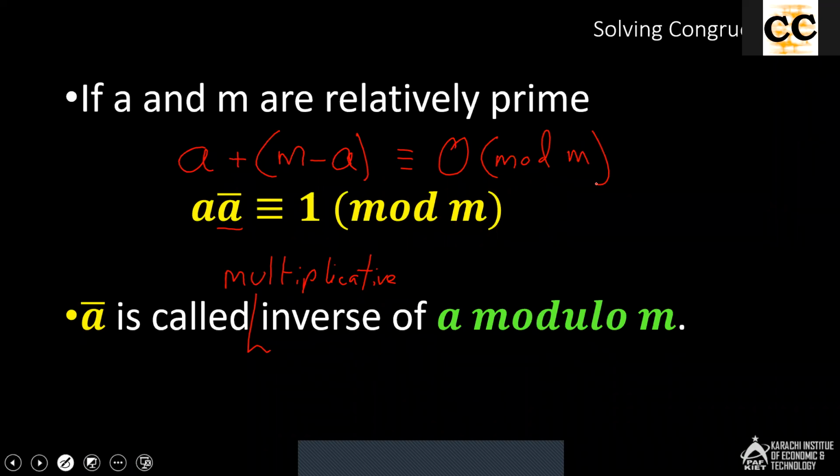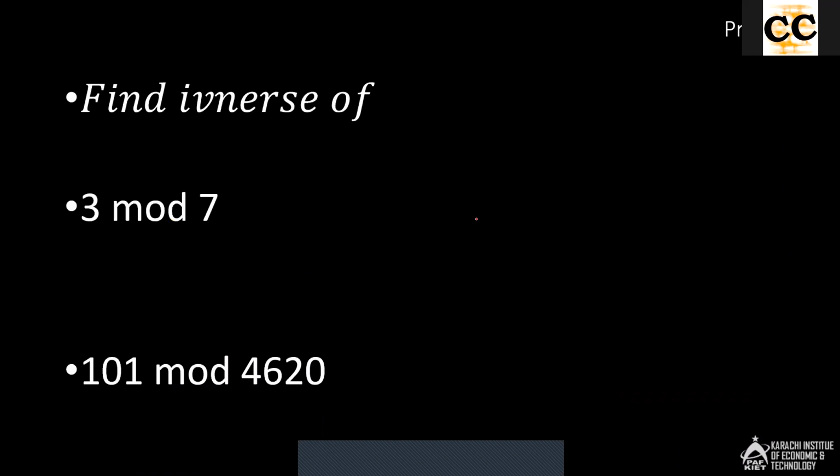But for multiplicative inverse to exist, you have to fulfill the condition that a and m are relatively prime. So this is a necessity for a multiplicative inverse to exist. And now we're going to do some examples, and I'm going to ask you to find the inverse of 3 in mod 7 and inverse of 101 in mod 4620.